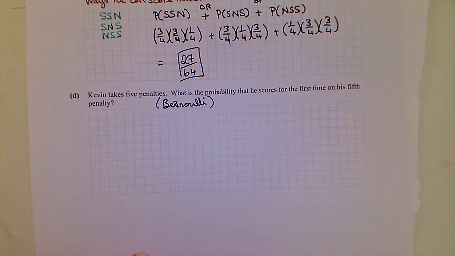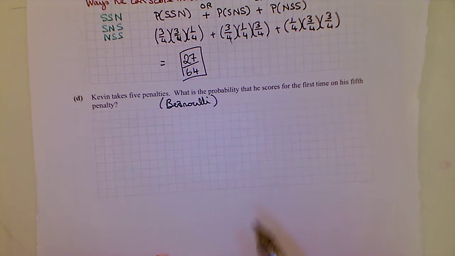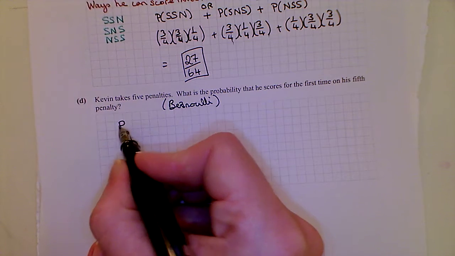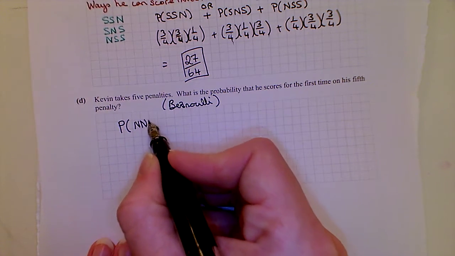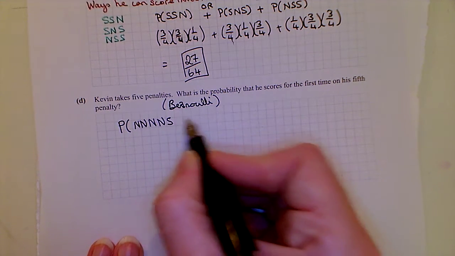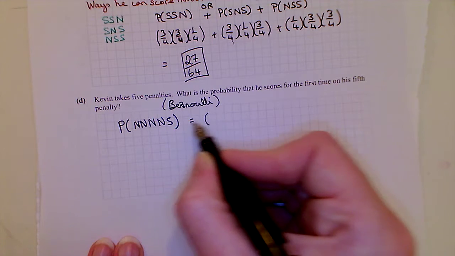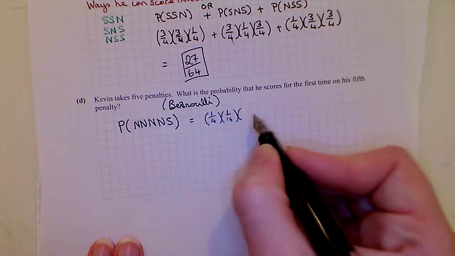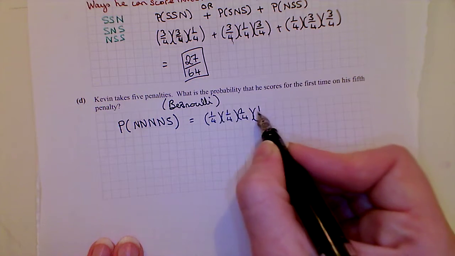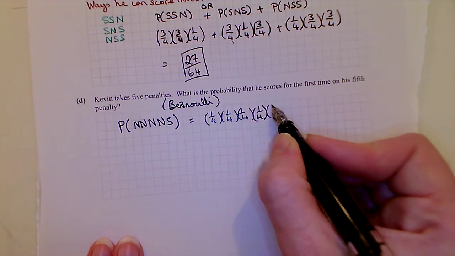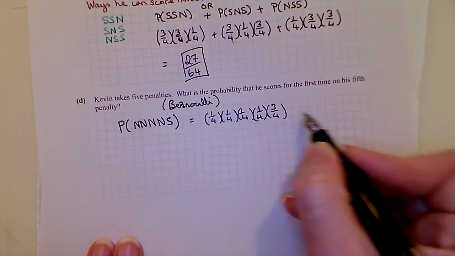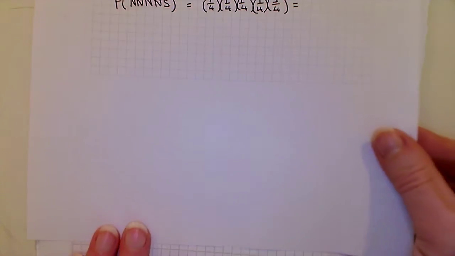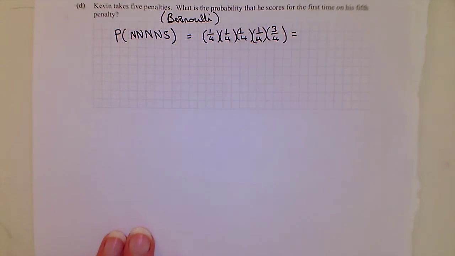Kevin takes 5 penalties. What is the probability that he scores for the first time on his 5th penalty? So this means we're looking for the probability that he misses the first 4 attempts, but succeeds on the 5th one. So 1/4 multiplied by itself, you can use a power here if you want, if you spot that, and then multiplied by 3/4 gives us our probability.